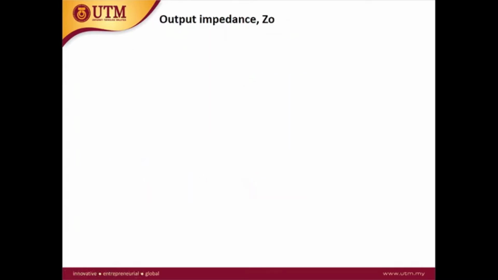Okay, next is output impedance. Let me redraw the circuit. So this is your VI, this is the R1, and here the R2.